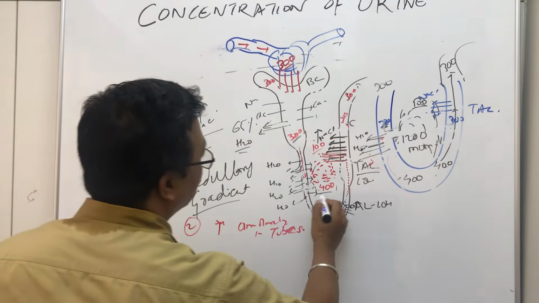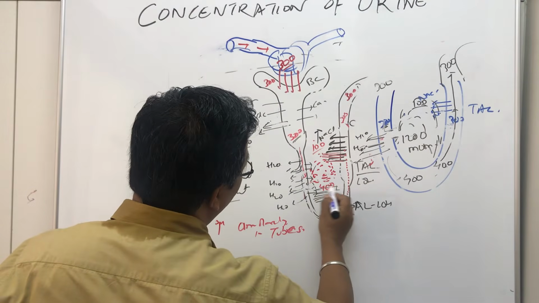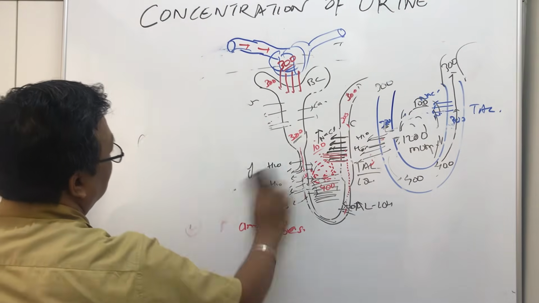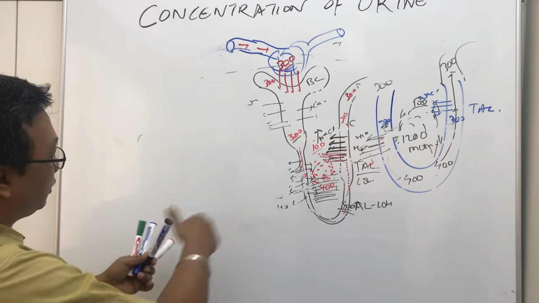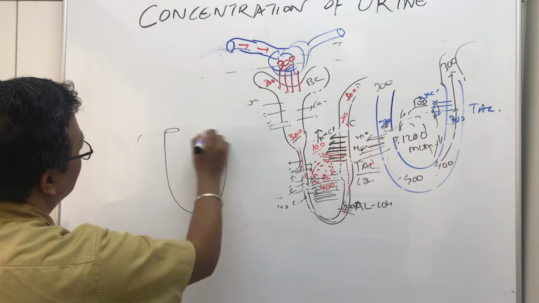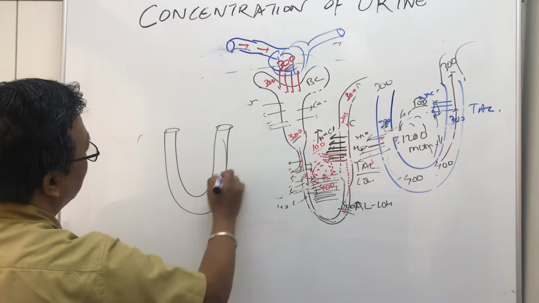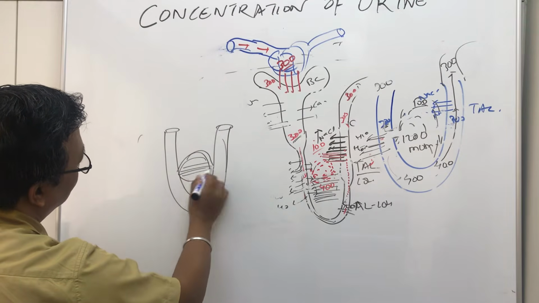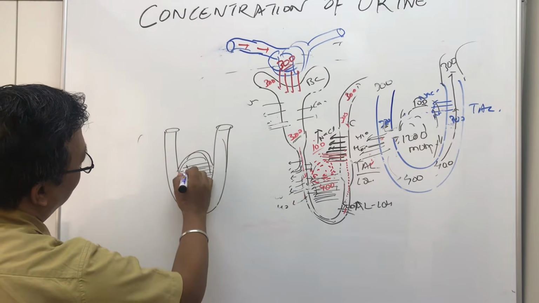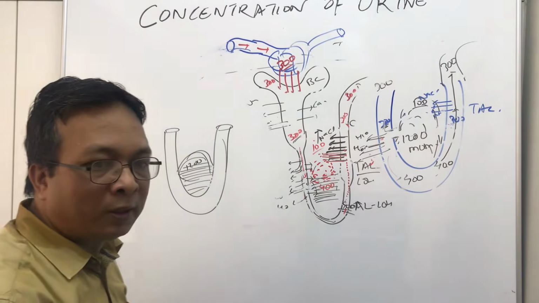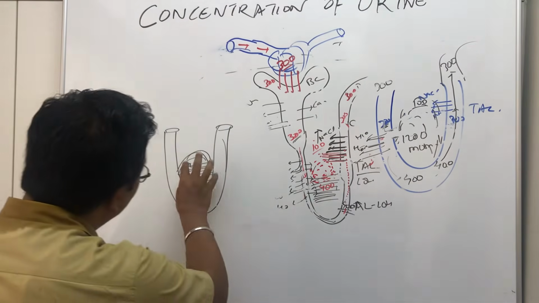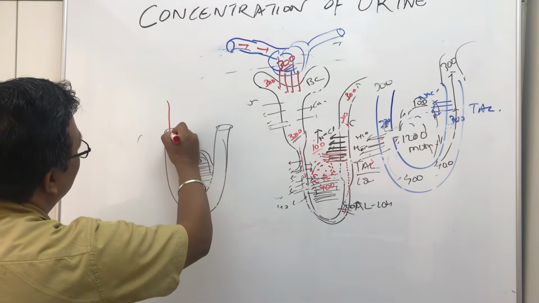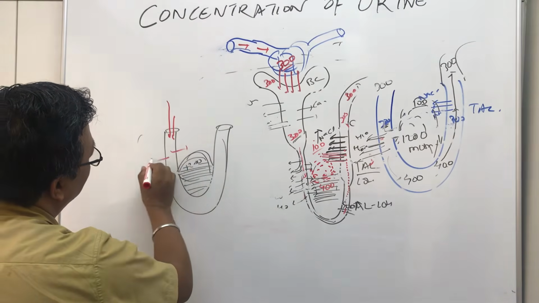There will be an enormous amount of medullary gradient because of these repeated cycles, of 1200 milliosmoles. That is the maximum capacity of our body. Because of this 1200 milliosmoles, every time new fluid comes from the glomerulus as 300, water is reabsorbed.